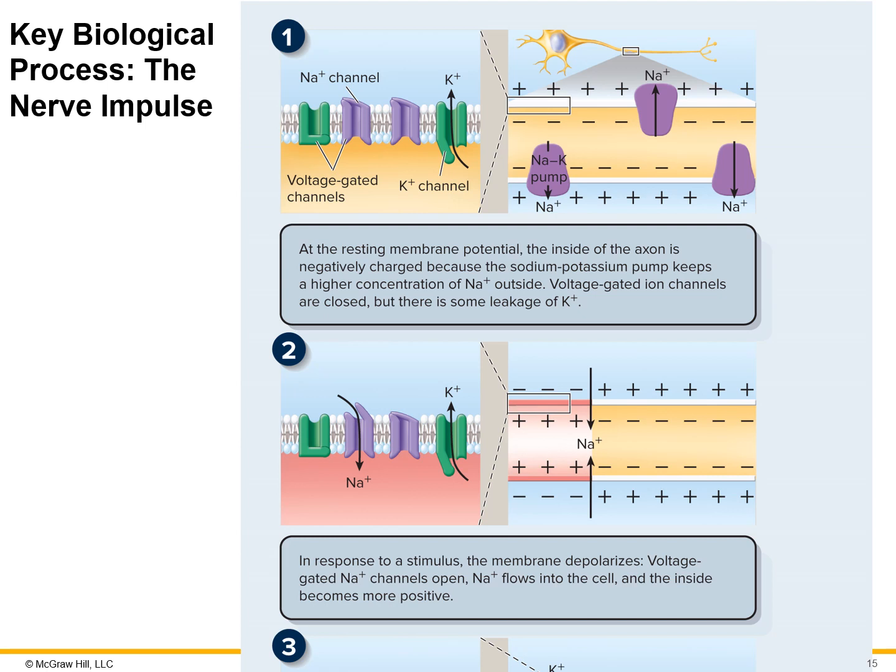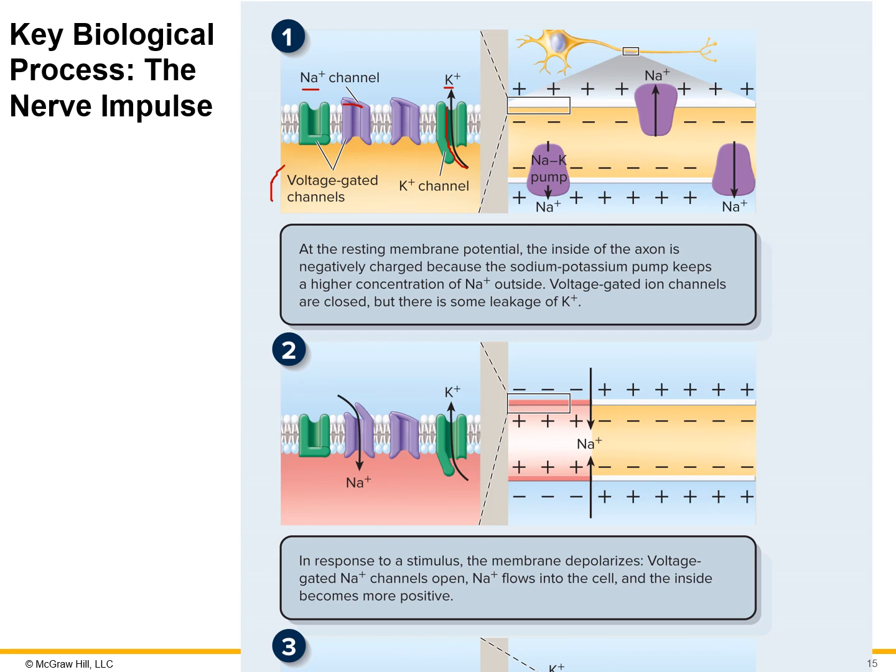So again, we have these voltage gated channels that are here. We have the sodium in purple and the potassium in green. At rest, again, the sodium is shut. Sodium can't come in. Potassium can kind of move through its channels. But for the most part, again, sodium is high outside, potassium is high inside.